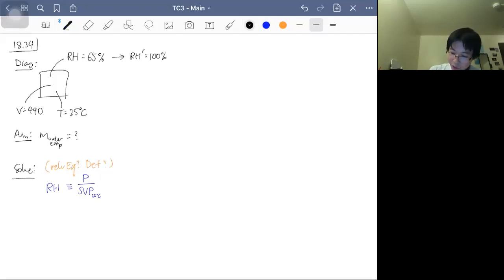Just quoting this won't give you any points, but if you apply it, it will give you points. If I apply it to the original relative humidity, which usually is given as well, you can find the initial pressure: RH initial, 65%, times SVP, and final is RH final times SVP.